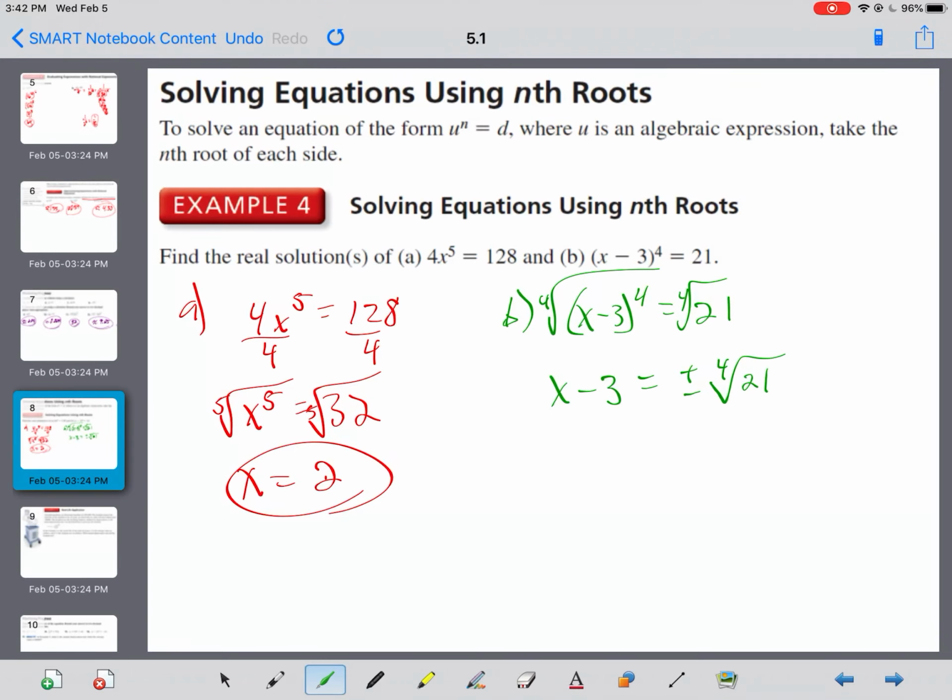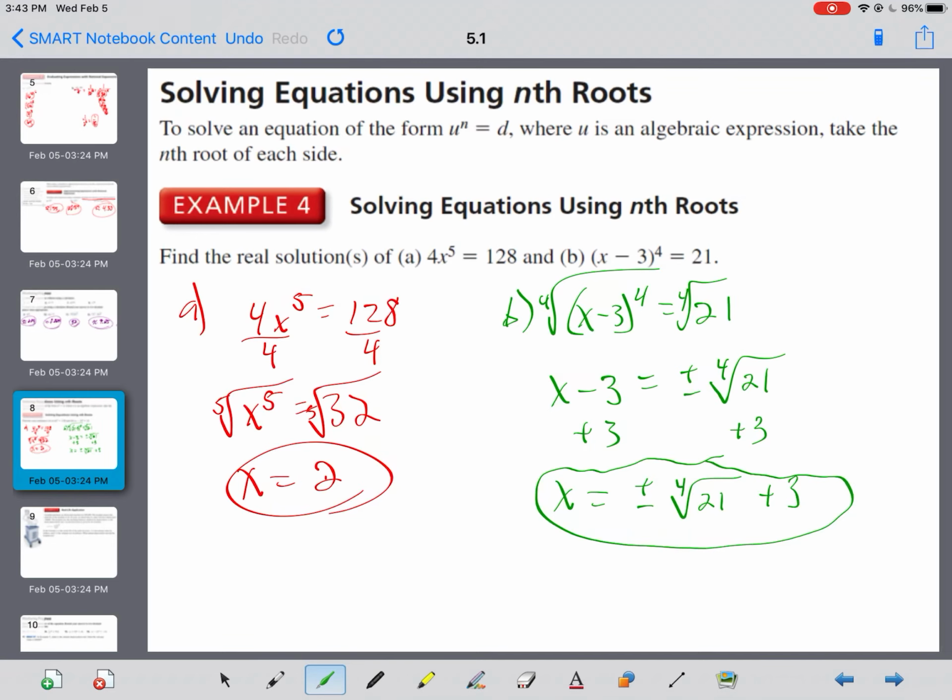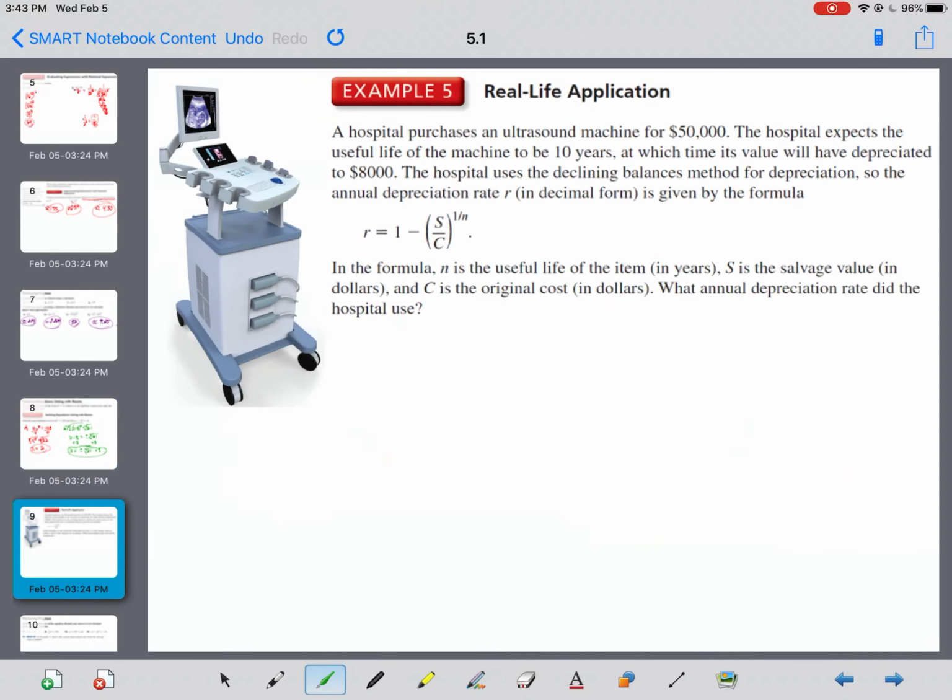Because 21 divides into 7 and 3, there's no 4 of anything, but we add the 3 over. So x equals plus or minus the fourth root of 21 plus 3, where we have to do both answers, positive and negative, because it's a fourth root. Okay.